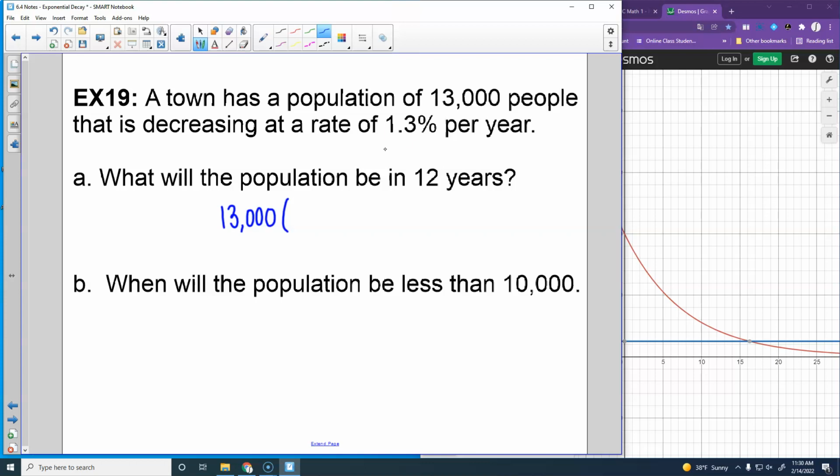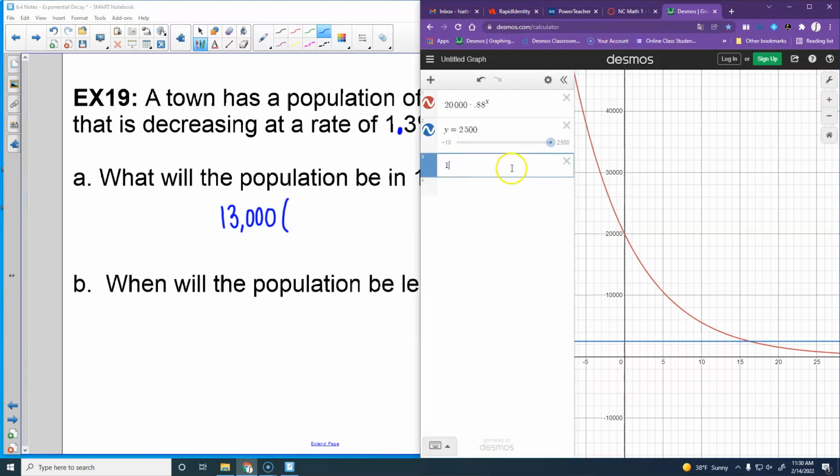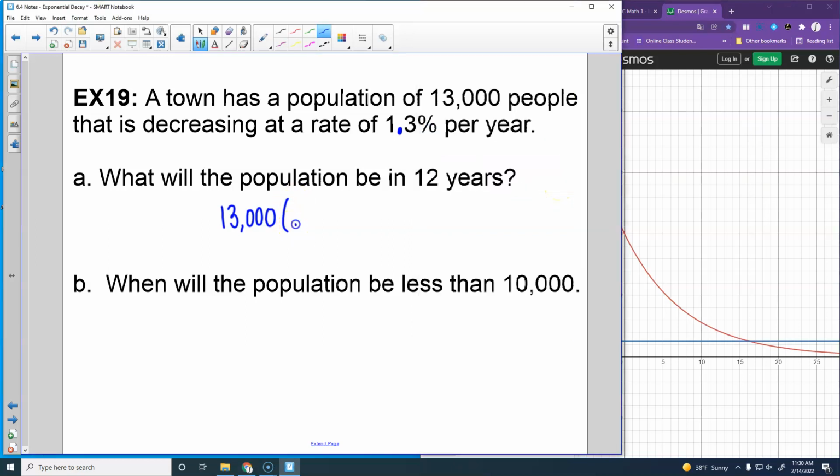It's not 87 because of that decimal point right there. If it was 13, you would be correct. Let's grab our calculators. 100 minus 1.3 is going to give us 98.7. So we would use 0.987.